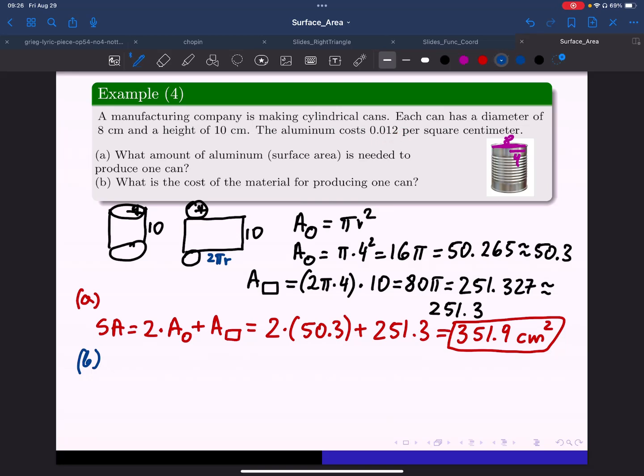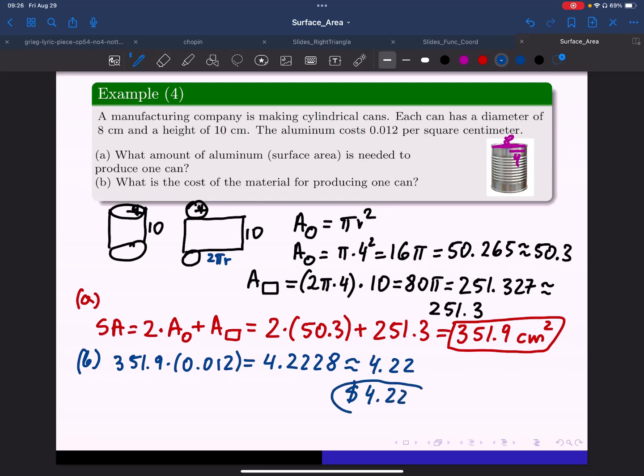So we're going to have 351.9 times 0.012. And if we calculate this, it's going to be 4.2228, which is approximately $4.22. So the cost to produce 1 can is $4.22.